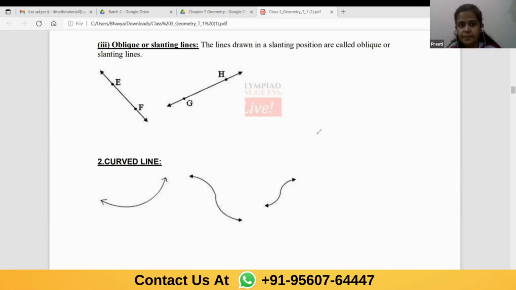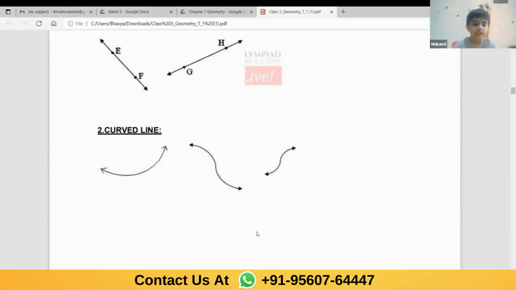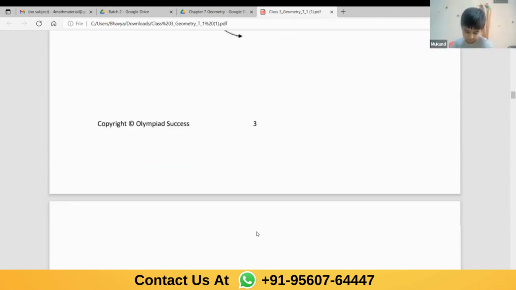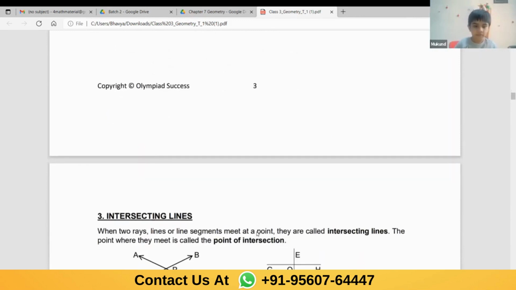Simple? Yes. Ma'am, like vertical, horizontal, and oblique lines have names. Do curved lines have names? No. There are no classifications for curved lines, but the line which is not straight is curved. Okay, ma'am. Ma'am, actually, are there terms for curved line?